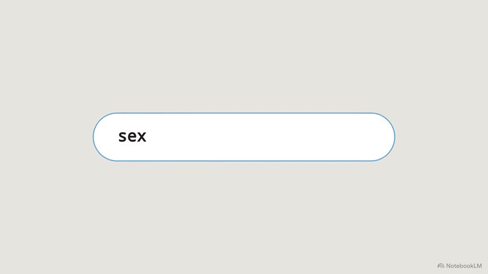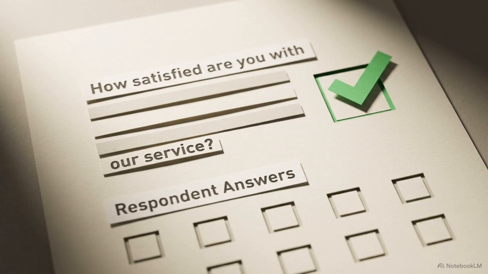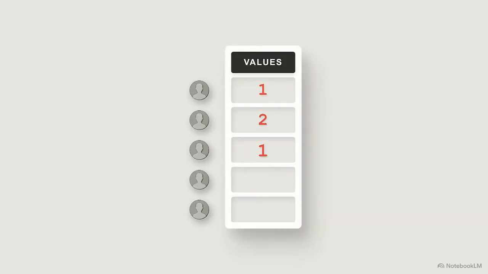Because those shorthand codes can be hard to remember, we use a variable label. This acts as a descriptive note, reminding the human researcher exactly what the original survey question asked, like biological sex at birth. Once the question is defined, we move to the answers. Values represent the actual numbers that were typed into the spreadsheet for each person's response.